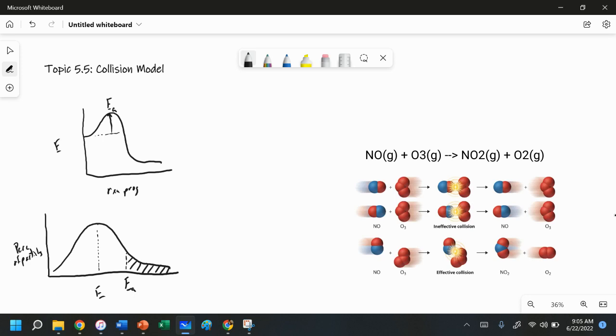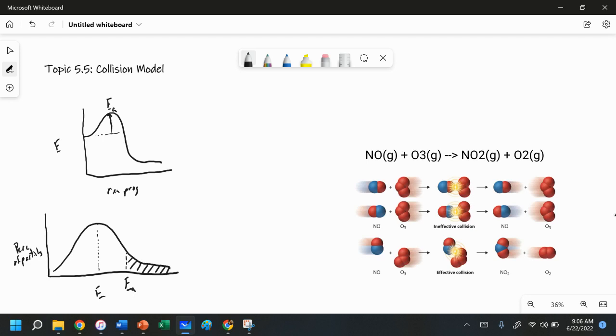An effective collision means that the molecules collide in a way that the bonds will break and new bonds will form. So in this animation that I have here, this is the correct orientation that the nitrogen monoxide and the ozone have to collide with one another in order to be effective. When they collide, the bond can actually break in the ozone molecule.